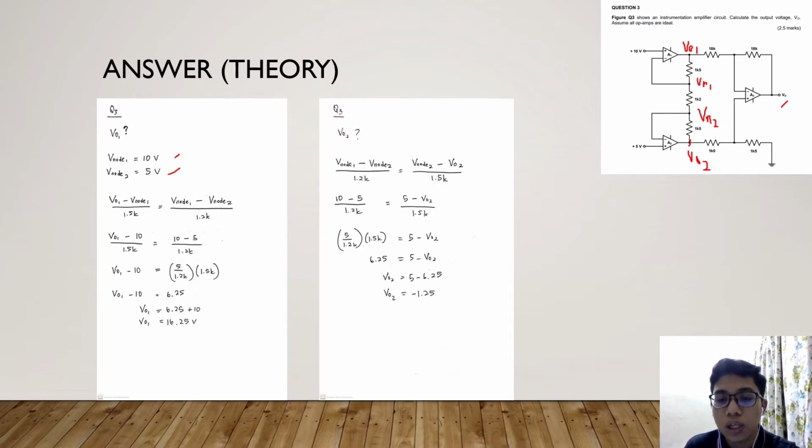How? Just apply the formula. V naught 1 minus V naught 2 over 1.2k is equal to V naught 2 minus V output 2 over 1.5k. After substituting the values of V naught 1 and V naught 2 in the formula, we get V output 2 equal to negative 1.4.